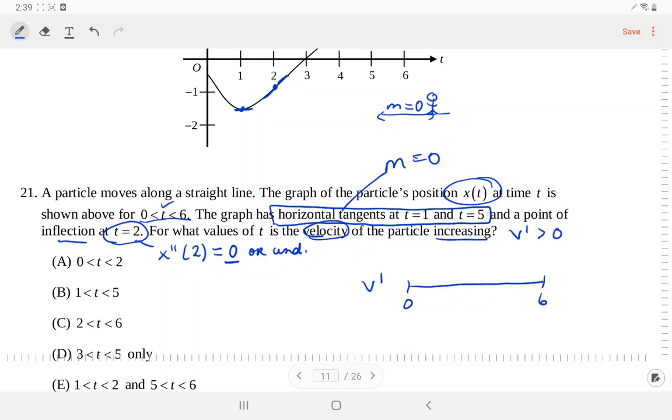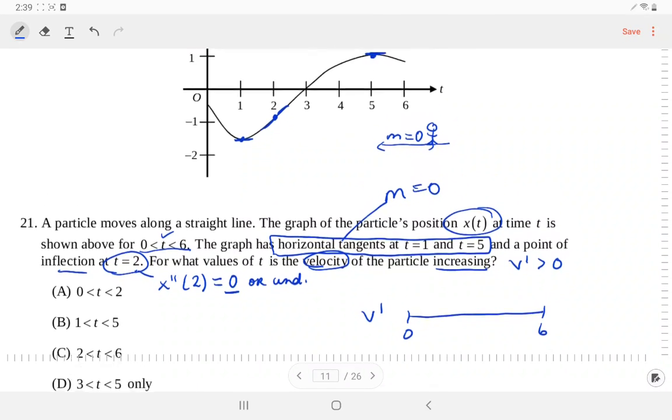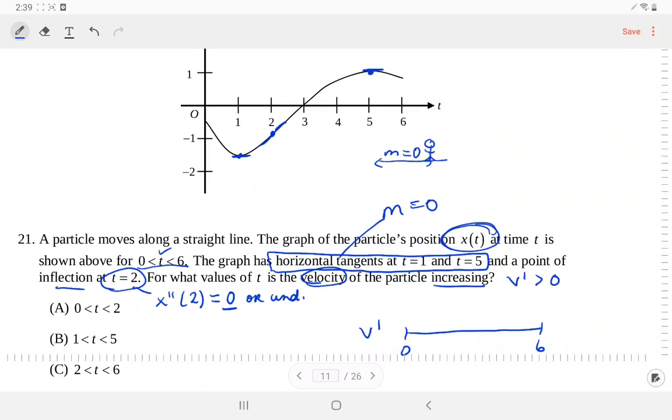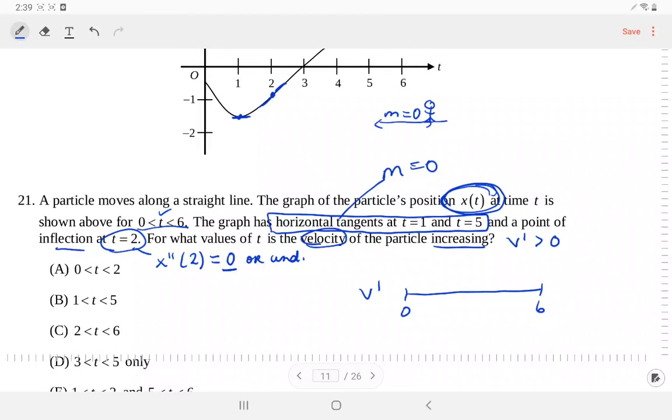They don't want the velocity to be greater than 0. Okay, so velocity prime. Now this graph is a graph of the position. So this is x of t. So if I want the velocity prime means a is greater than 0. A is greater than 0. Now how is a related to v?